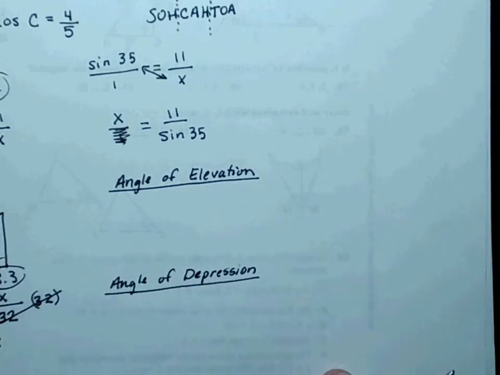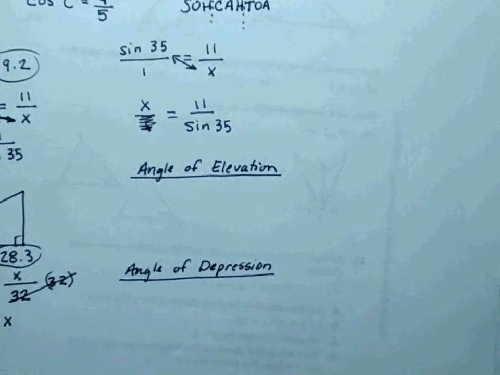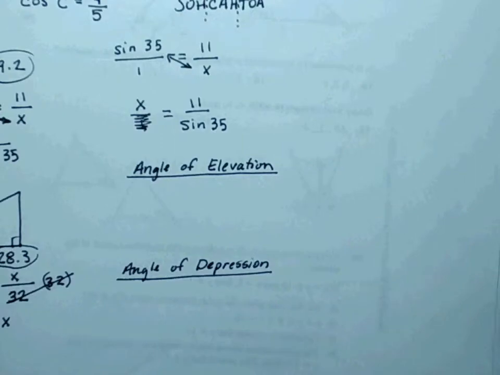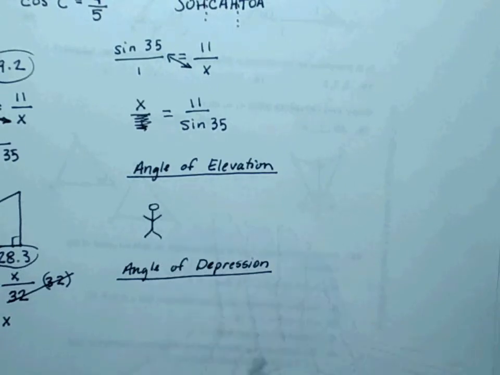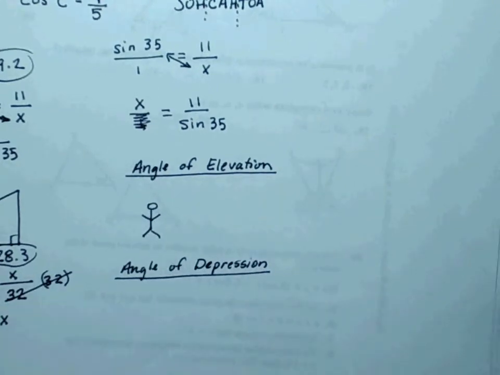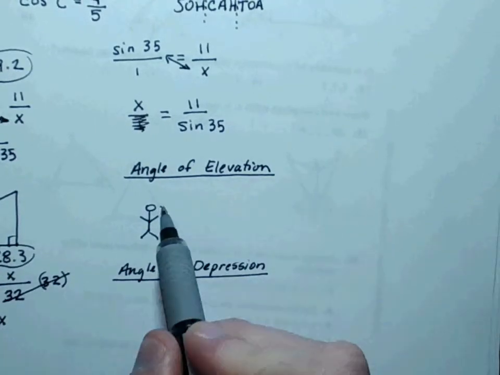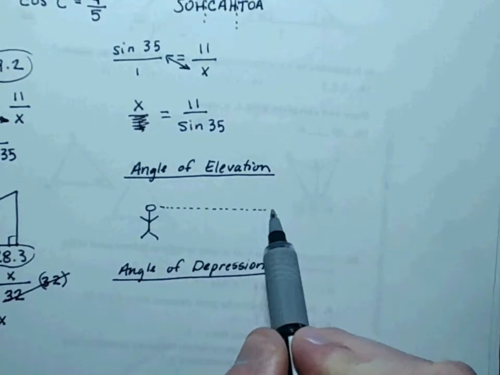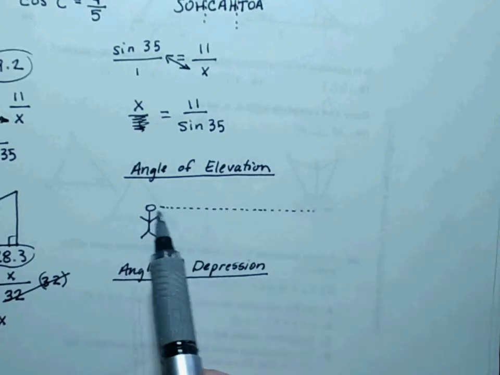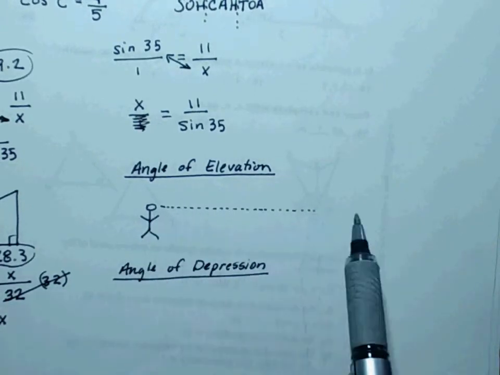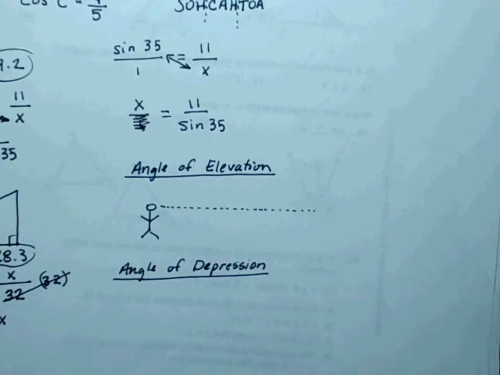Right? Angle of elevation. When you hear that word elevation, or when you elevate, that means we go up. Right? So, what an angle of elevation is. Okay? We've got our guy here. And we're going to look at his horizontal line of sight. If he was looking exactly parallel with the ground, exactly horizontal, okay, that would be his line of sight, the dotted line.